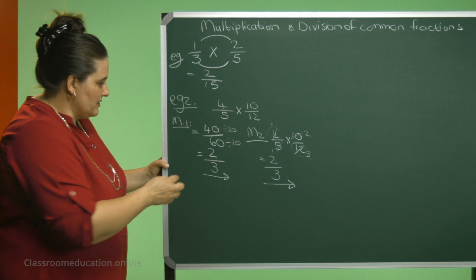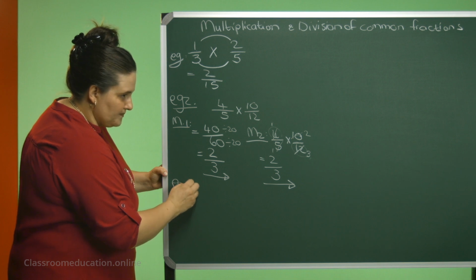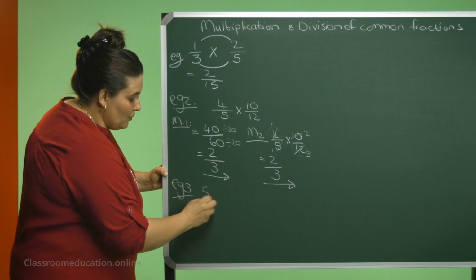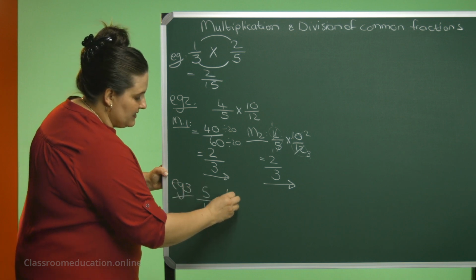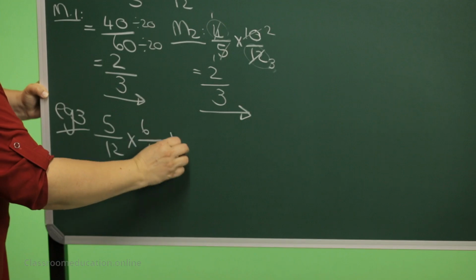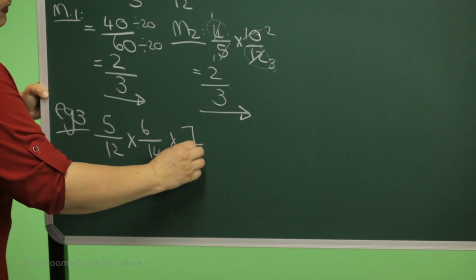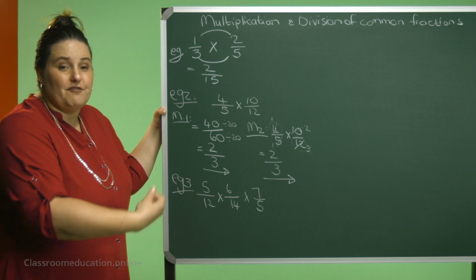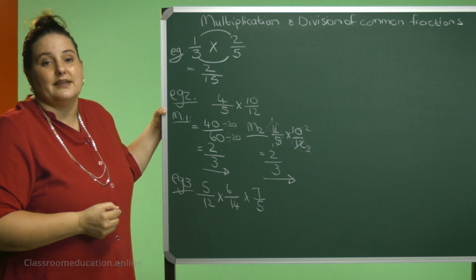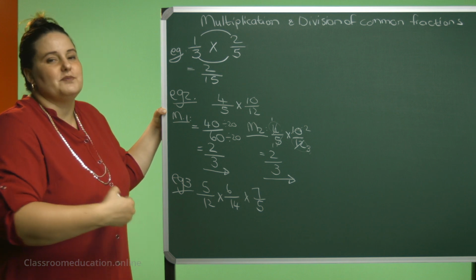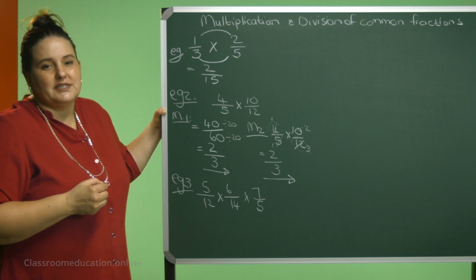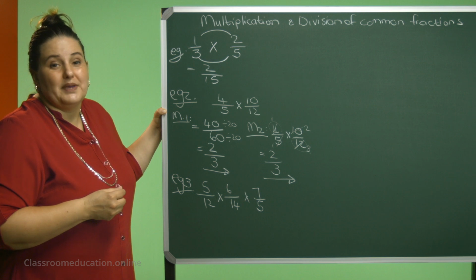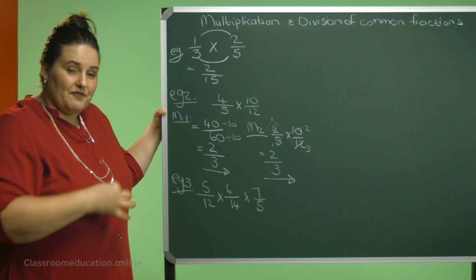Let's do another example. Example 3. 5/12 times 6/14 times 7/5. Okay, what should I do here? I have now 3 fractions and they are being multiplied. You can say top times top and bottom times bottom, and then you will have a big number, and then you can simplify that.